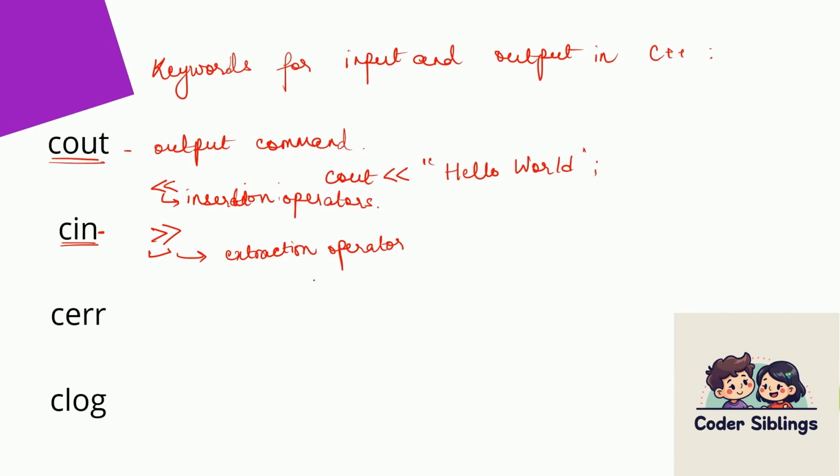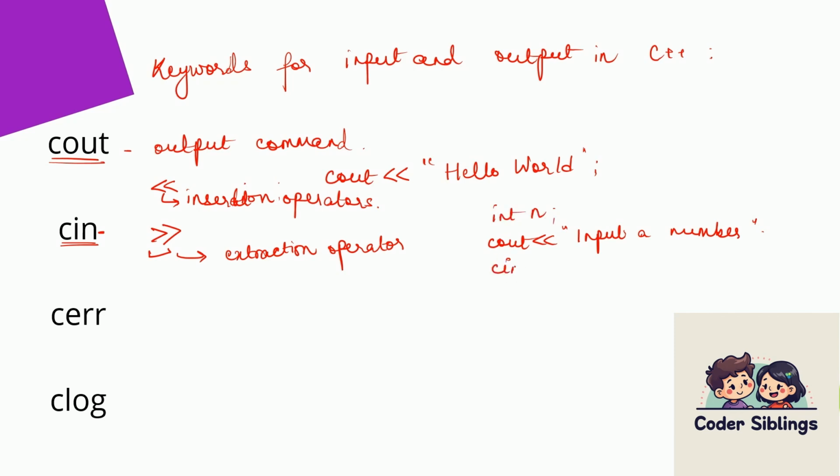So if you want to input any data, you use cin followed by this. So for example, that you have asked the user to input a number, right? And you have initialized it as int n initially.